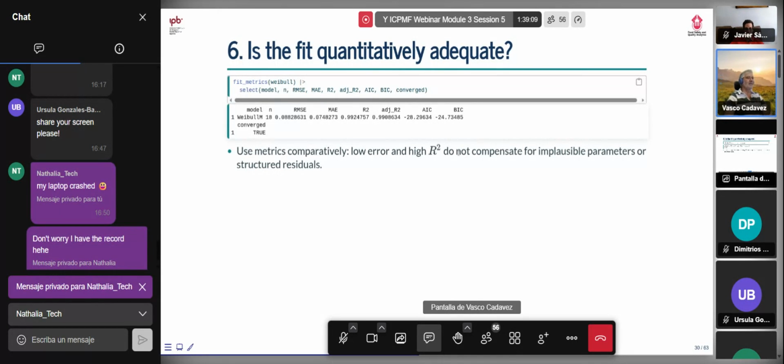So you have a lot of metrics that you can use to compare models or, let's say, different repetitions or whatever. So you can check this fit metrics and you will find a nice set of metrics.